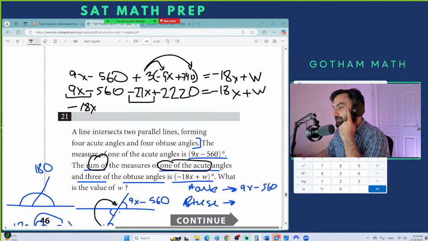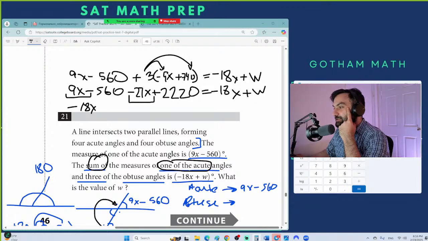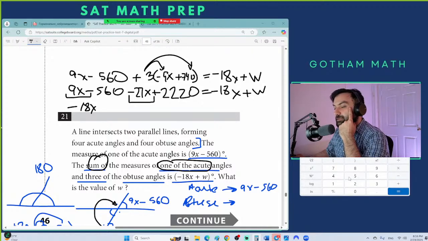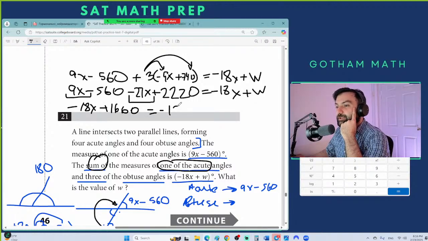Because clearly we can do some of these calculations on the calculator. So 560, we make it negative, and we add 2220. We get this, so plus this equals negative 18x plus w.